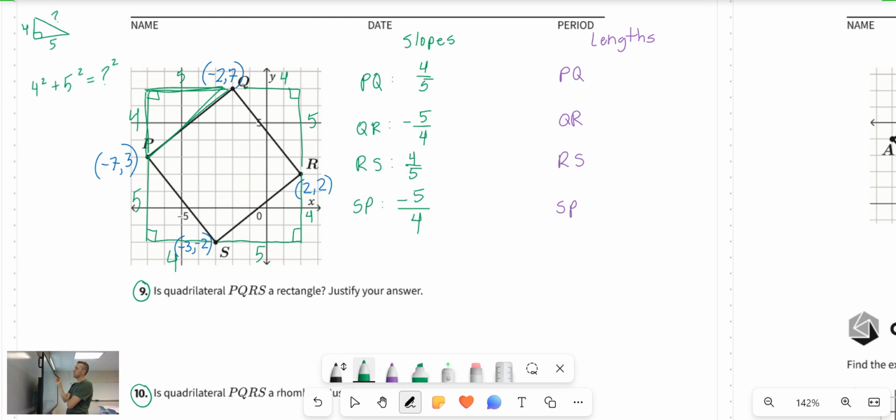So what's 4 squared plus 5 squared? Well, 4 squared is 16, plus 5 squared is 25, and that's question mark squared, whatever the length is. 16 plus 25 is 41, so 41 is our mystery length squared.